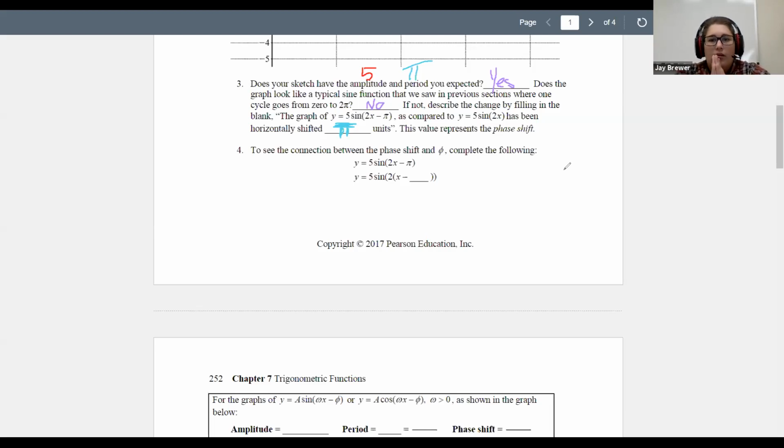Okay. This value represents what is called a phase shift. To see the connection between the phase shift and phi, complete the following. So phi, I used red on the front of that sheet, but that's not what I used all the time. So I used orange for phase shift.